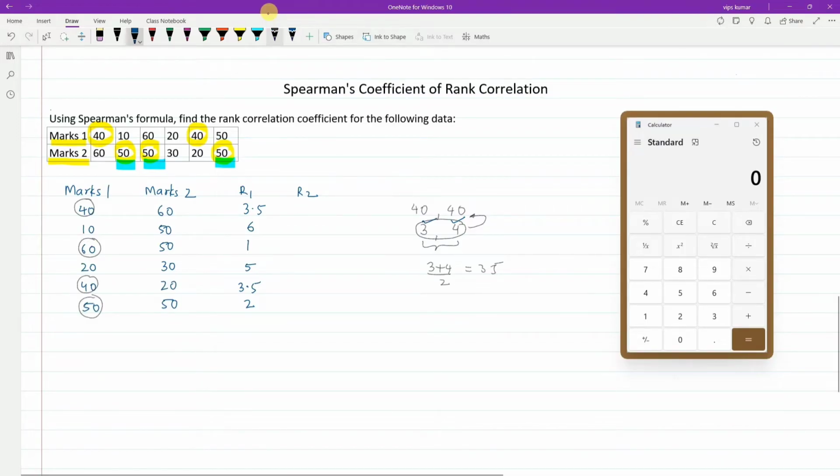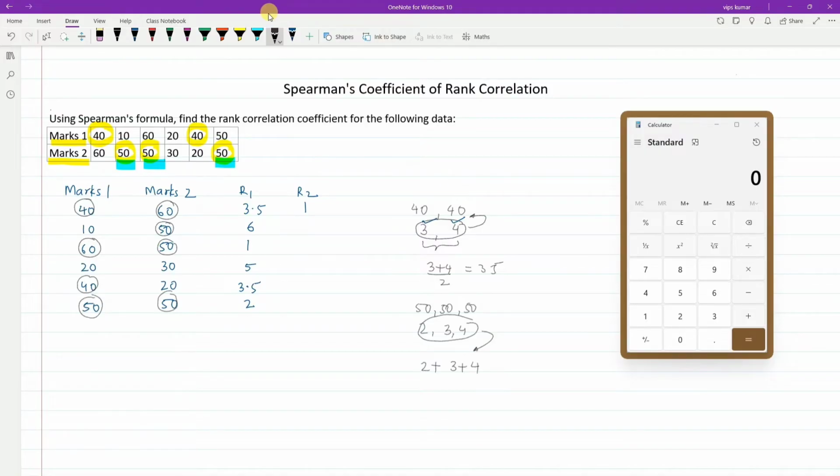Moving on to marks 2. So this is 60, highest. So that will be assigned rank 1, followed by the 50s. Now since there are three 50s, we need to assign them ranks 2, 3 and 4. So again we are going to assign the average of these ranks.